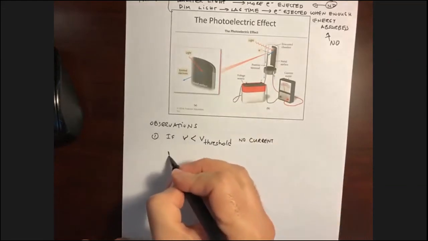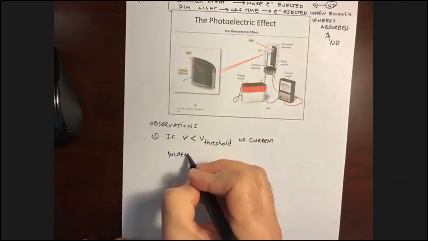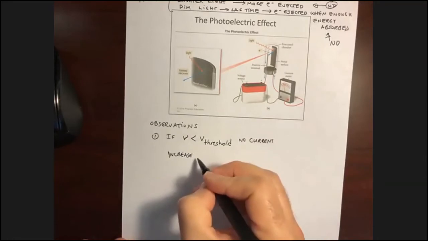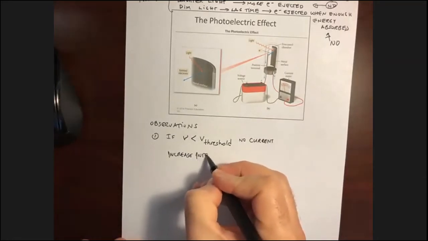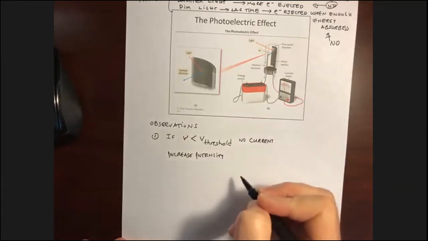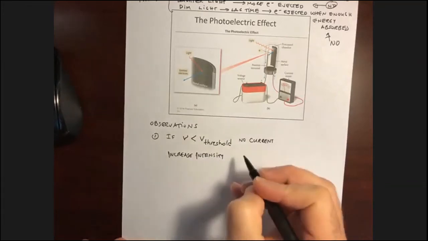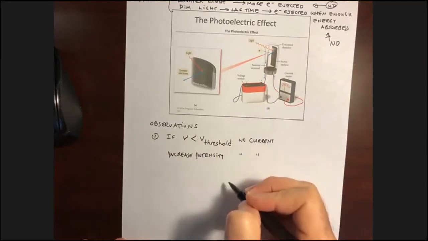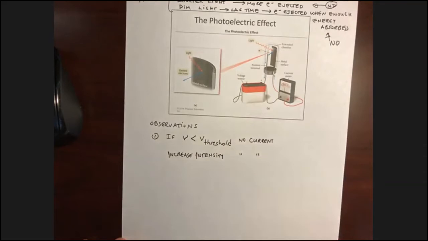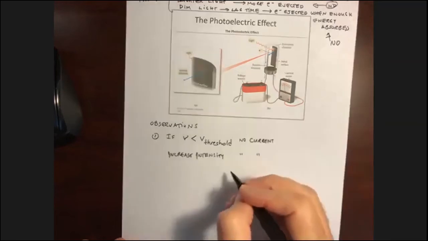If you increased the intensity, in other words, the brightness of the light, there was no current either, even if you irradiate for a long time. It didn't matter how long you shone the bright light onto the metal, or whether it was high intensity or low intensity.